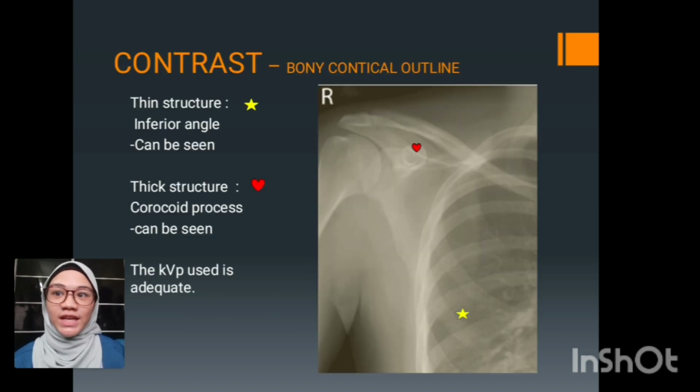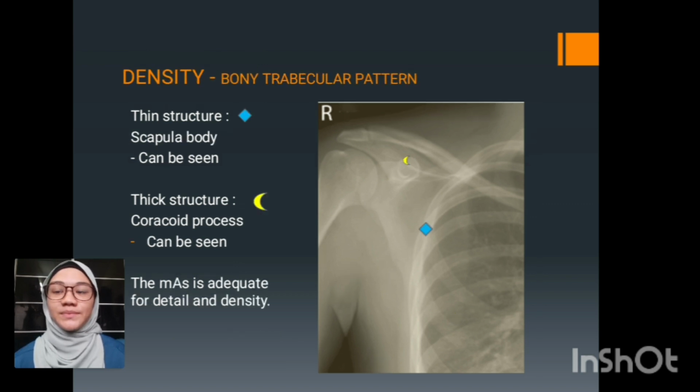The bony cortical outline of the thin structure, which is the inferior angle, can be seen. The bony cortical outline of the thick structure, which is the coracoid process, can be seen. Therefore, the kVp used is adequate. Next, density. The bony trabecular pattern of the thin structure, which is the scapular body, can be seen, and that of the thick structure, the coracoid process, can be seen. Therefore, the mAs used is adequate for detail and density.